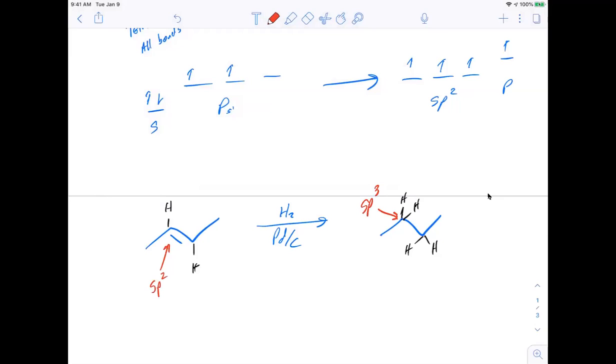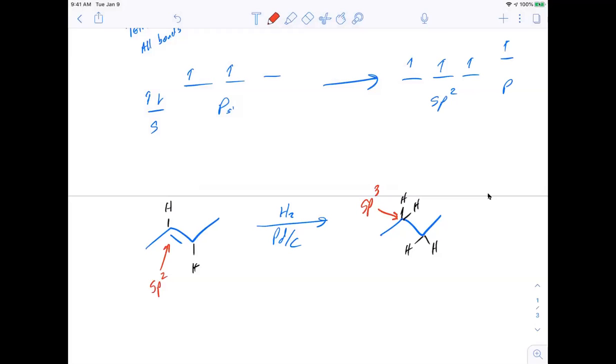I started with 3 sigma bonds, sp2, and then in that reaction, I went to 4 sigma bonds. That meant that carbon had to rehybridize. So the reaction was the addition of the hydrogen across that double bond, turning that p orbital, which was part of that pi bond, into a new rehybridized carbon, which is sp3.